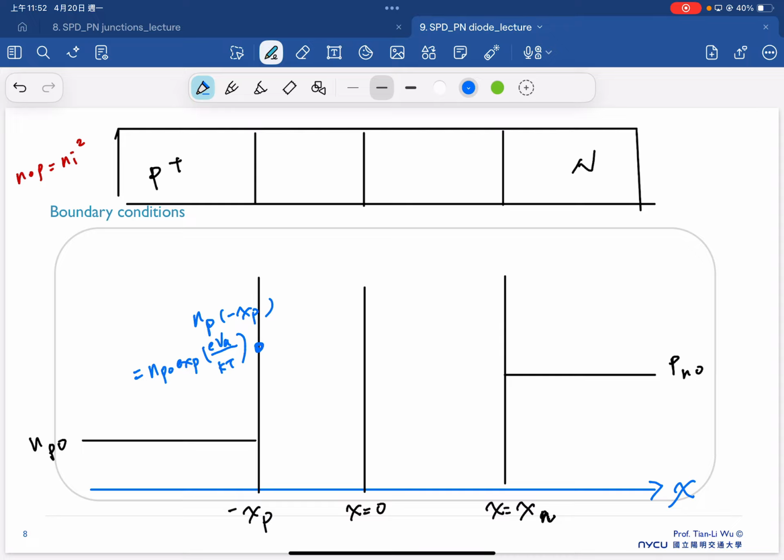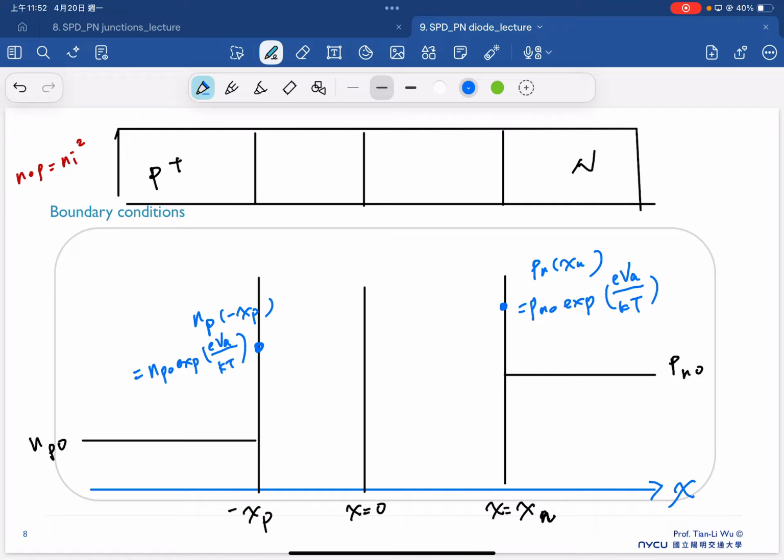This is a minority carrier at X equal to XP under the forward bias. So similarly, we should be able to estimate the minority carrier at the Xn location, which is Pn0 exponential EVA over KT here.